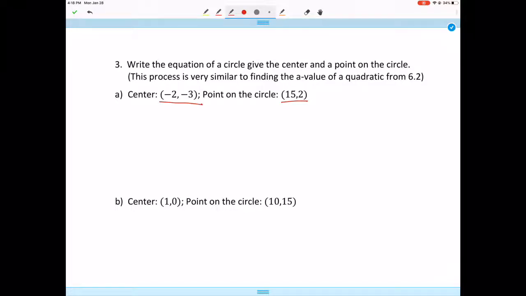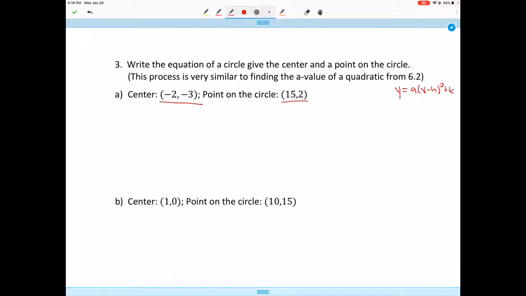Okay, and this process is very similar to finding the a value of a quadratic from unit 6.2. In 6.2 we had something like, given the vertex and a point, we were able to plug in y equals a(x minus h) squared plus k.